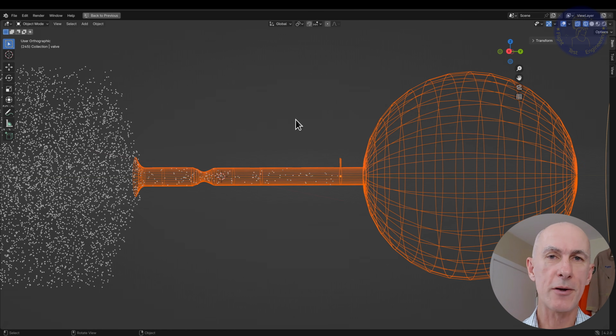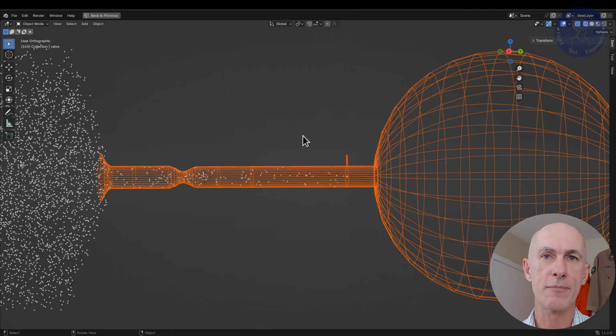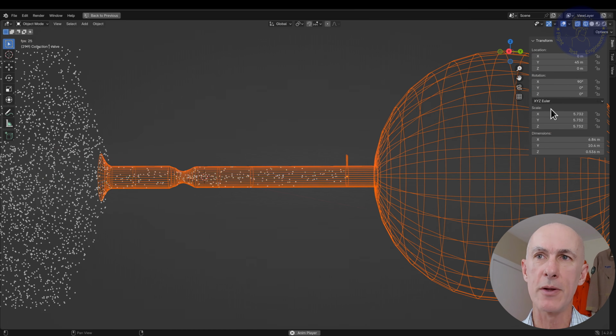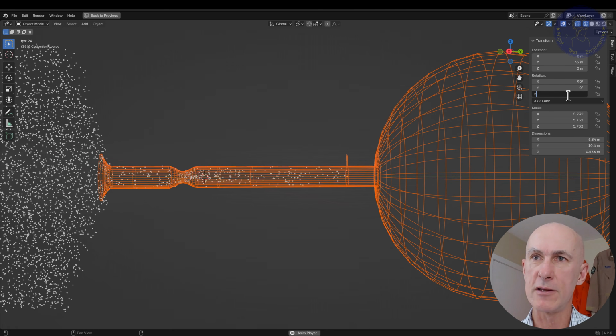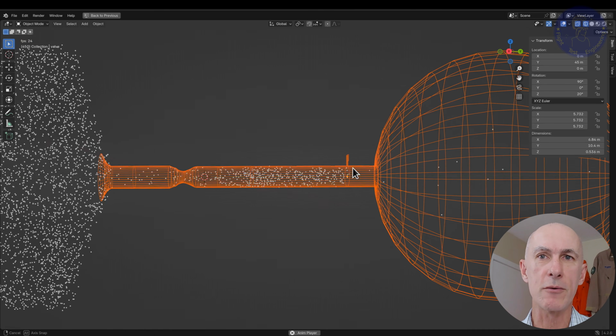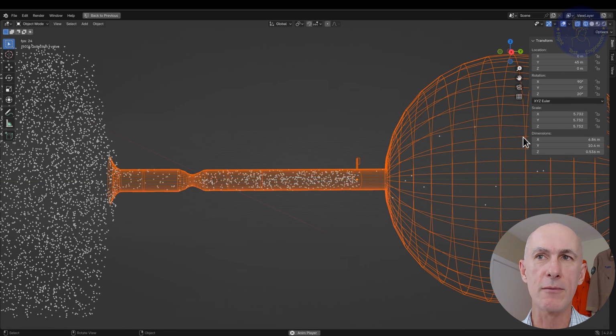I've started my particle simulation here, and this is only for illustration because it's not really physics accurate. So if I let go of my simulation here and we start opening the valve, let's put 20% for example, we can see that very few particles flow into the vacuum sphere.